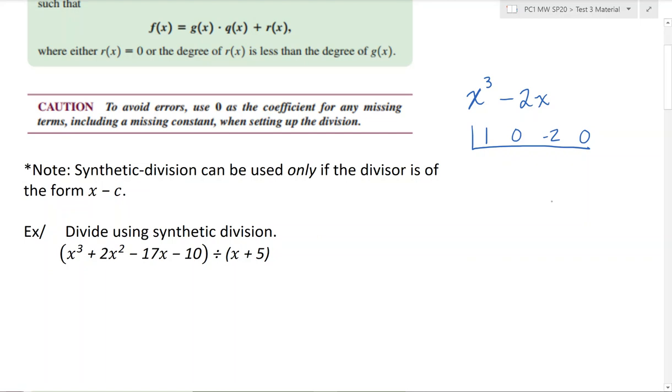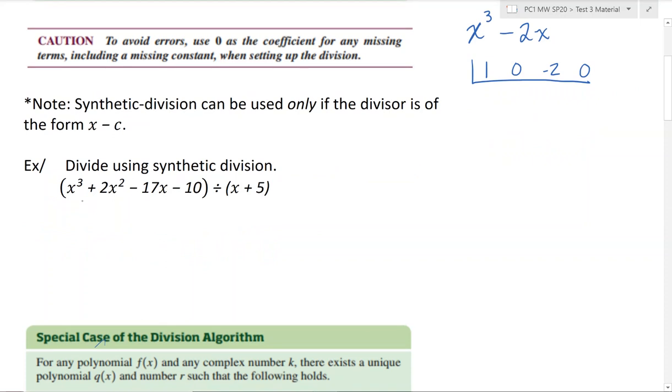Let's go ahead and get into a synthetic division problem. We're going to divide this polynomial by this polynomial. Go ahead and set up your synthetic division table. The coefficients are 1, 2, negative 17, negative 10. Be careful, get in a habit of checking to see if you have any of those missing terms.